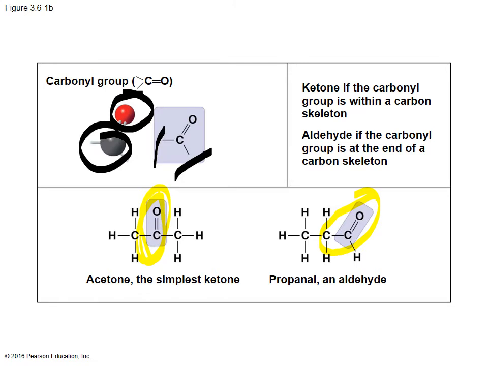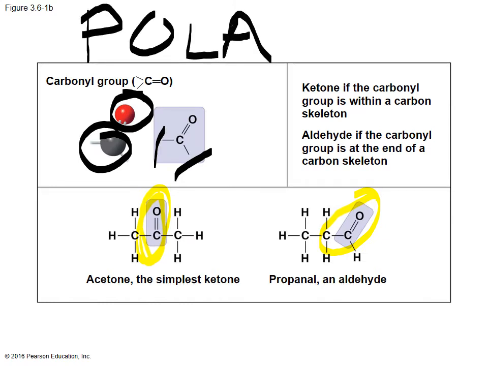So what do you need to know about them? They're also polar. Again, this electronegative oxygen gives it this partially negative charge in that region. Both of these, the ketones and the aldehydes, so carbonyl groups in general, they are present in carbohydrates as well, so present in sugar.